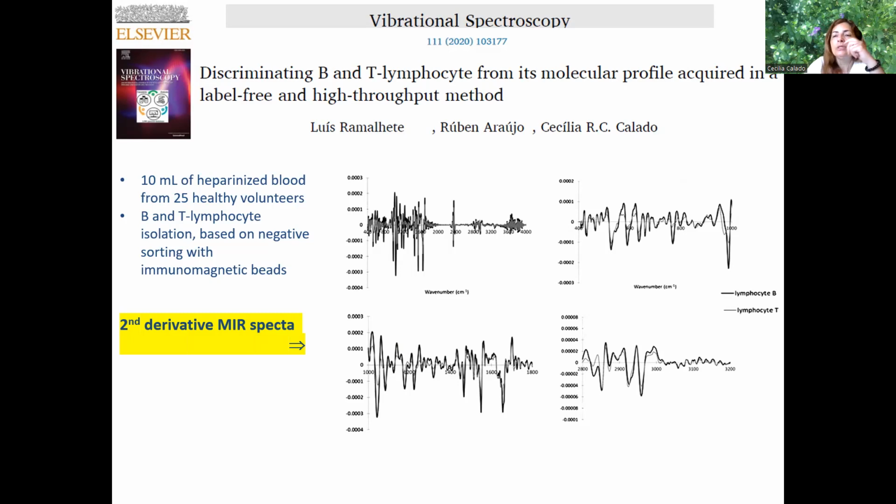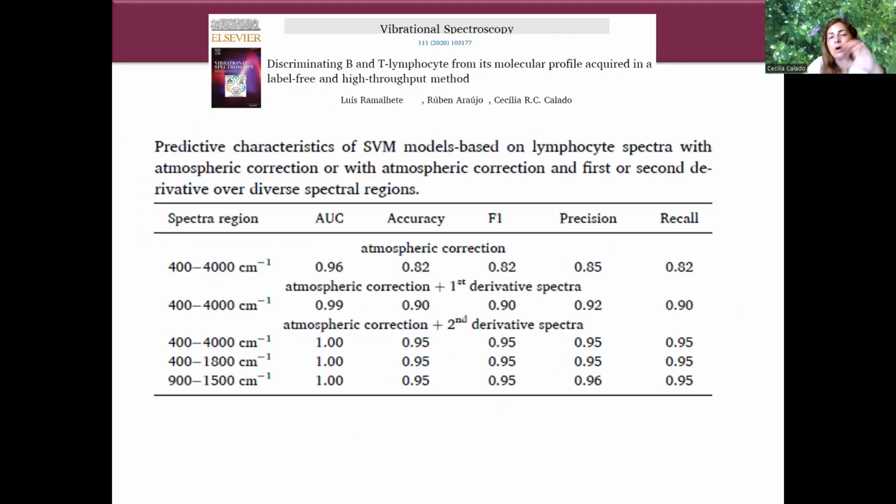And again, we managed to predict what kind of immune cells were activated based on the spectrum of these cells. And this is conducted very, very quickly. In around 3 hours, we are getting the results with very high accuracy, precision, sensitivity and specificity.